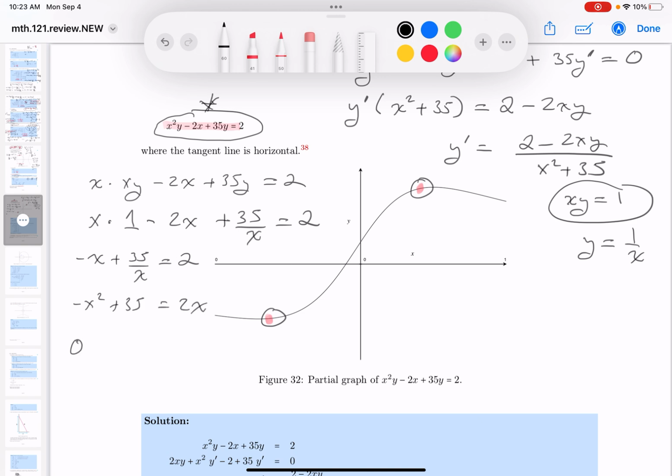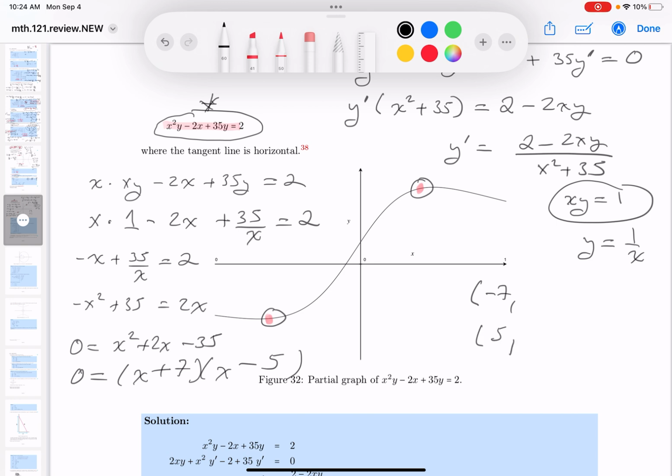Let's write this down: 0 equals x squared plus 2x minus 35. Well, this is shaping up to be easier numbers for me. I'm going to say 7 and 5, plus 7, minus 5. So x would be minus 7, and the other one is 5.